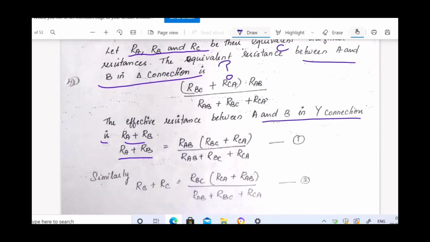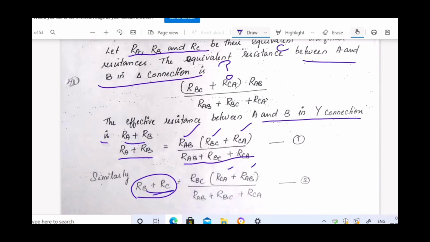equal to RAB into (RBC plus RCA) divided by the total resistors connected in the delta network, RAB plus RBC plus RCA. Similarly, RB plus RC is the resistance between B and C, which in delta form is RBC into (RCA plus RAB).